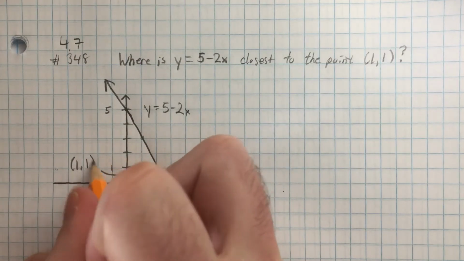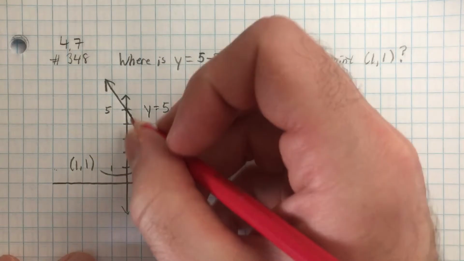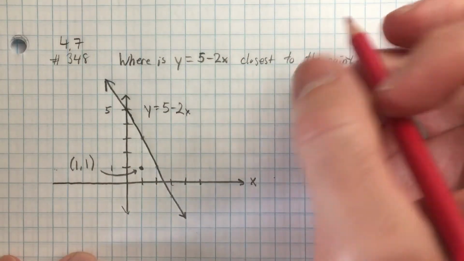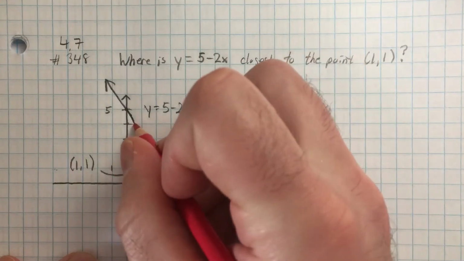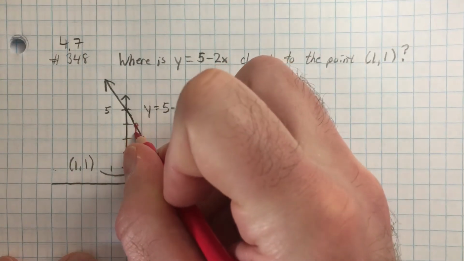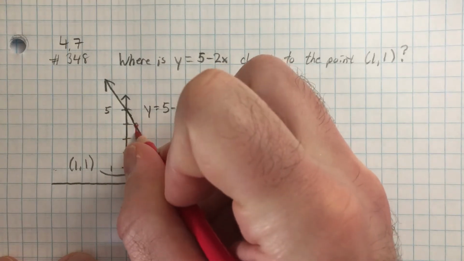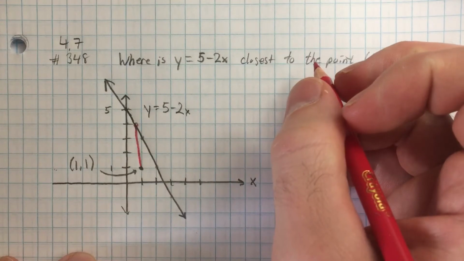1, 1. All right. So on this line, we have many points, and one of them is closer to this point than all the other ones. If we start taking random points in the line to see how close they are, right? We take a straight line distance between the two.